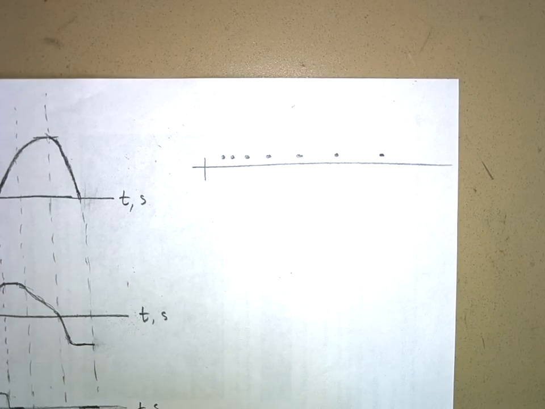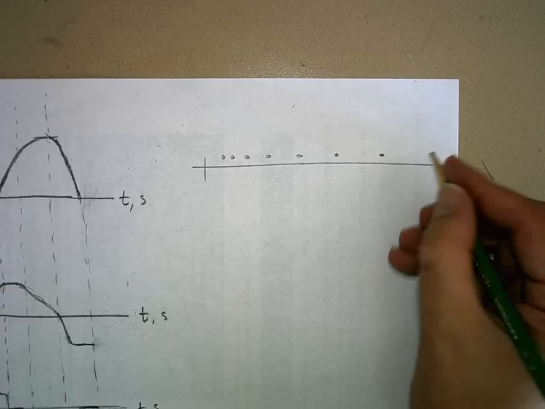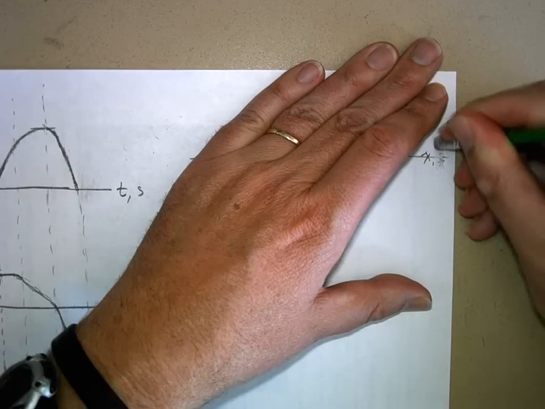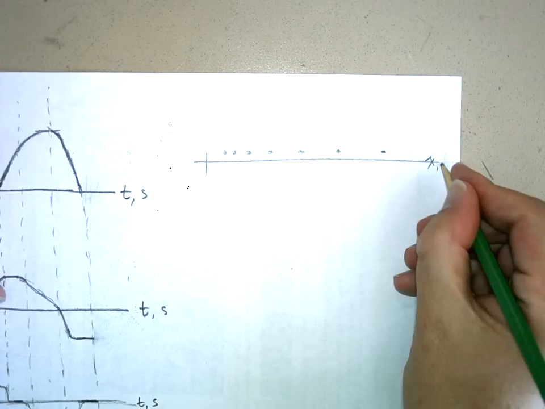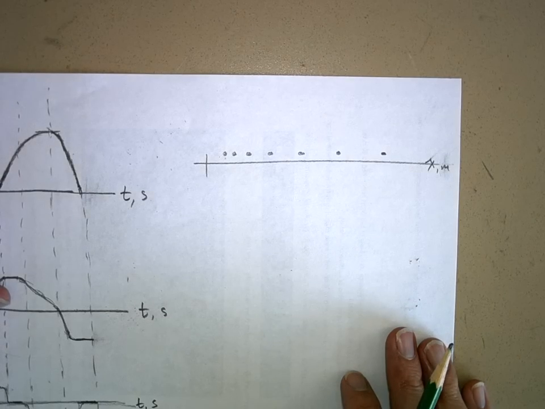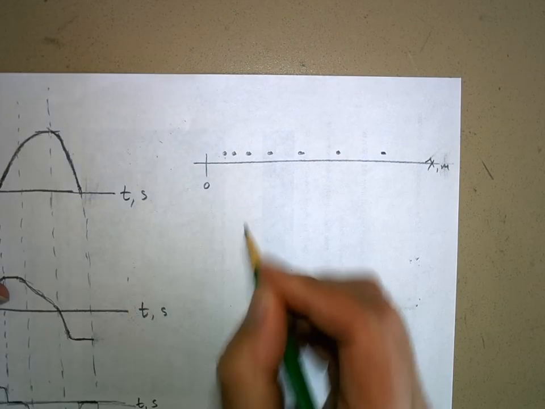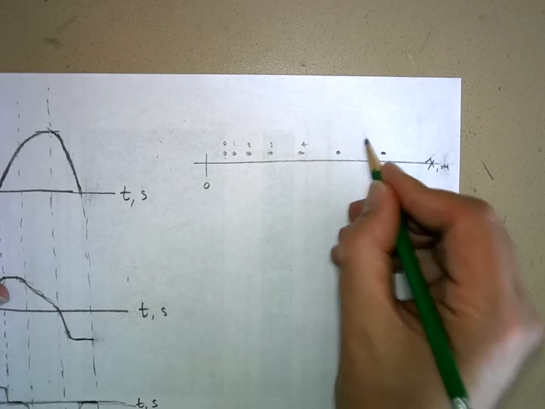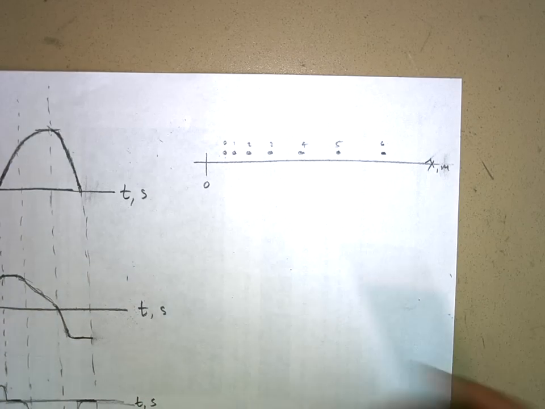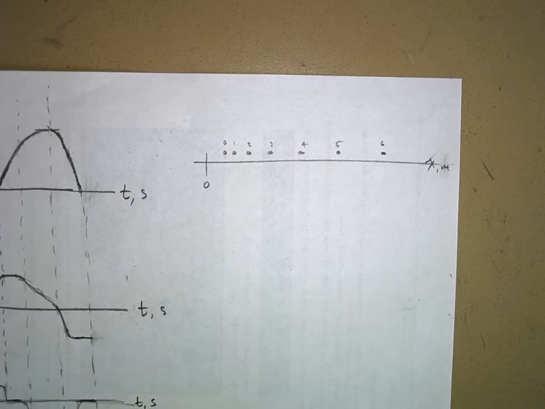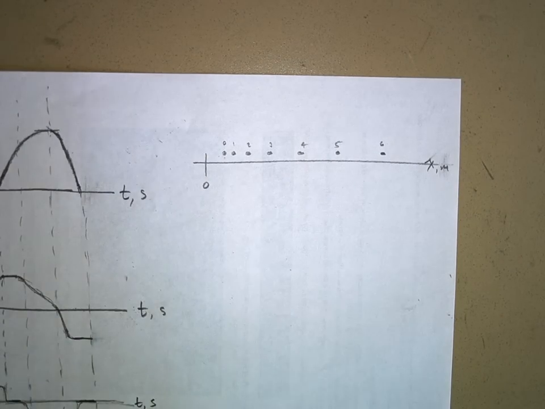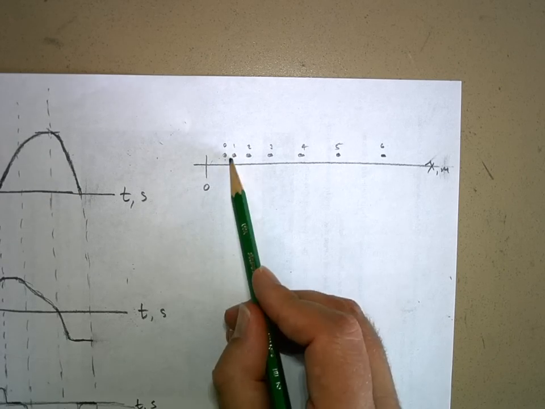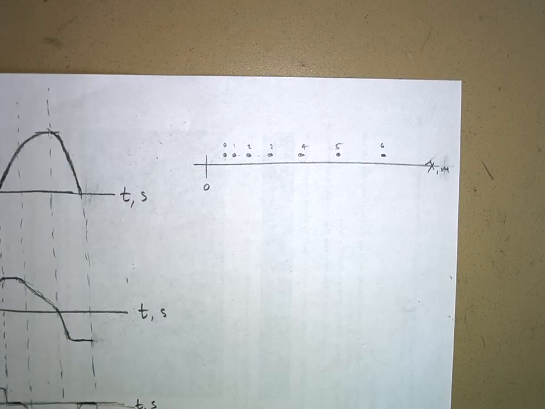This is my position axis, in meters or centimeters or something, and this is my origin. And then you can put the time 0, 1, 2, 3, 4, 5, 6. Notice this little diagram represents position as a function of time, except it's not really a function. It shows my positions and where I am in time, and the dots represent where it is.